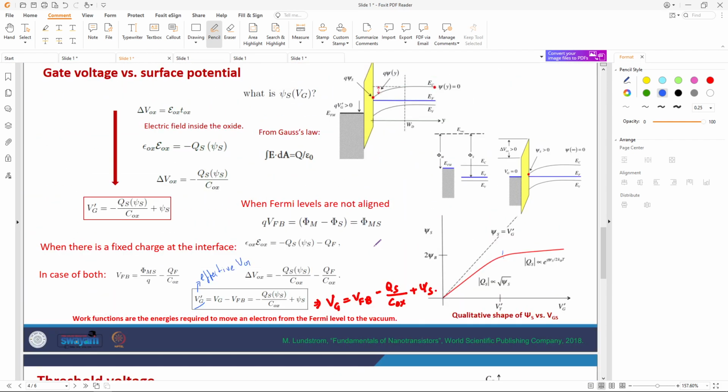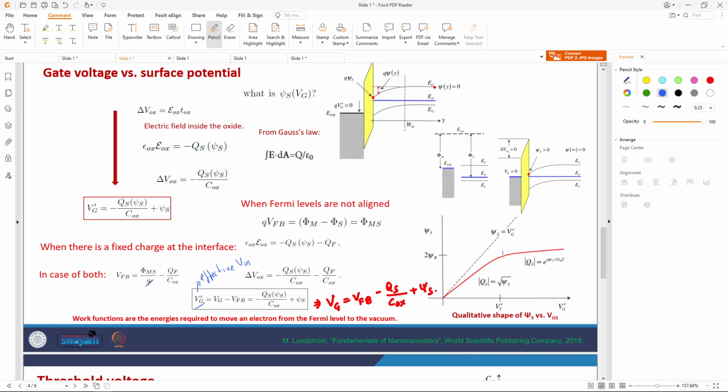Based on all of these quantities, we can also define the threshold voltage of the MOSFET. The threshold voltage is essentially the voltage at which inversion is achieved. In order to achieve inversion, psi s has to be 2 times psi b. But to achieve 2 times psi b, we have to apply Vg plus the delta Vg needed here.